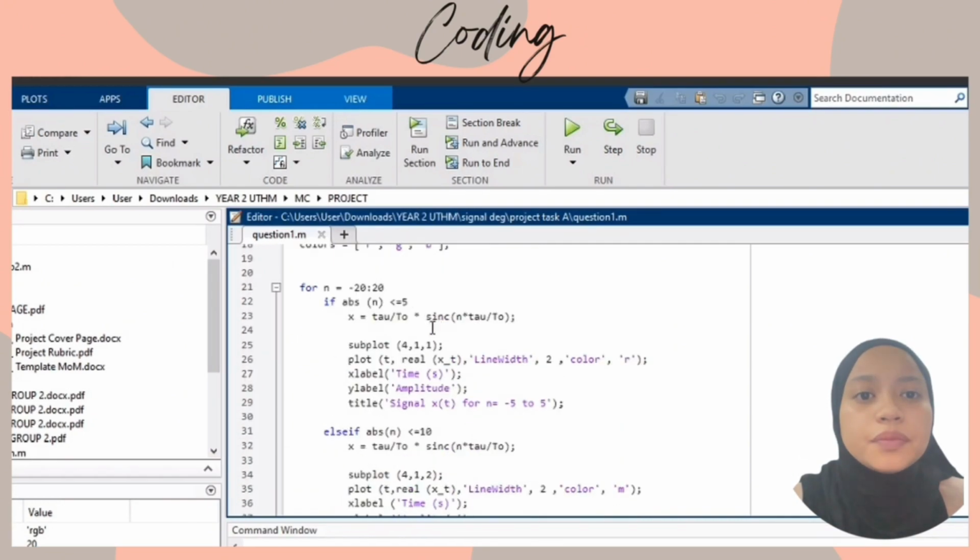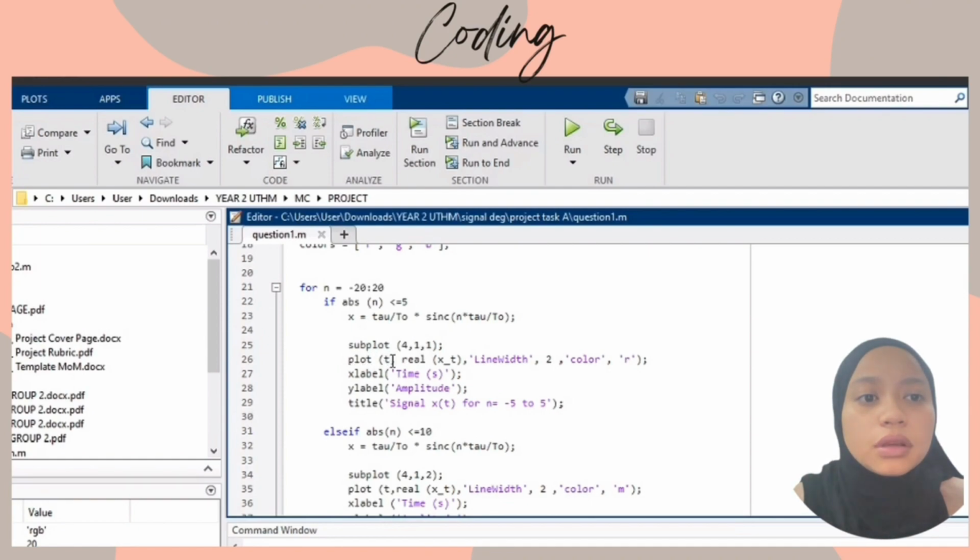First, for n equals -20 until 20, x equals tau over T0 multiplied by sinc of tau over T0. We will have subplot 411.